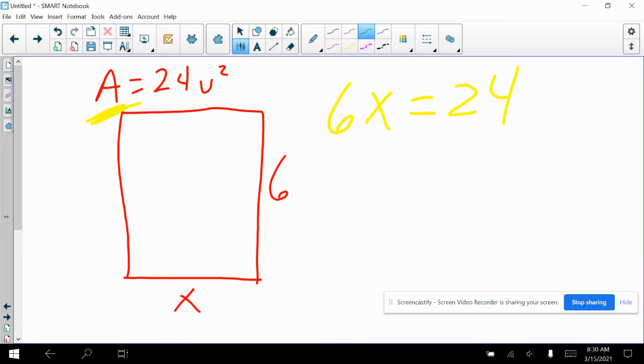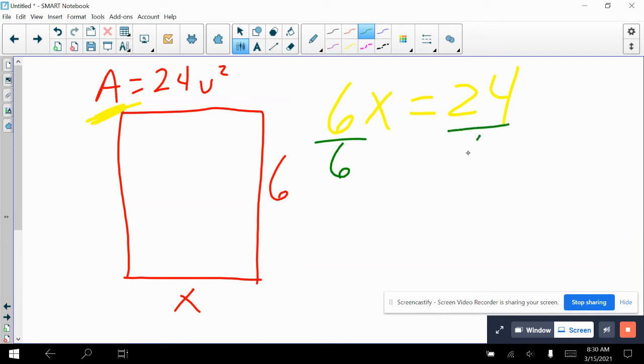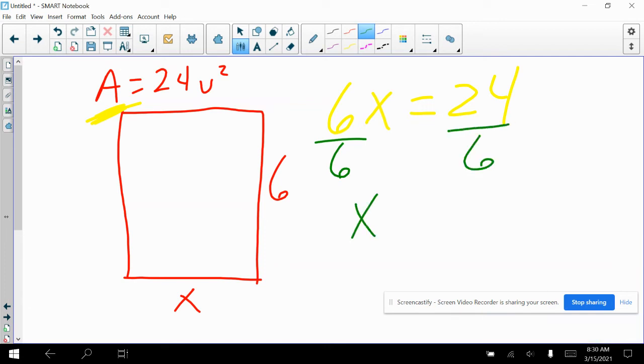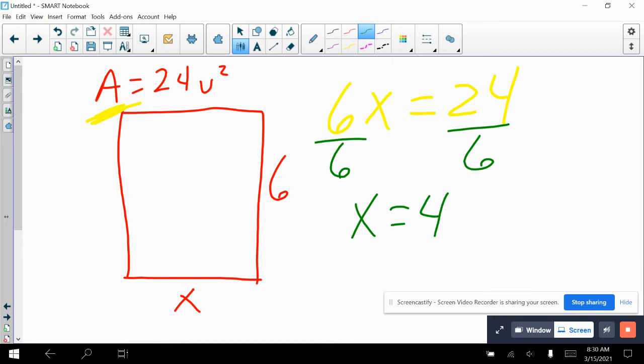Okay, since we have a multiplication equation, we are going to divide to solve it. And now we get our x is equal to 4.